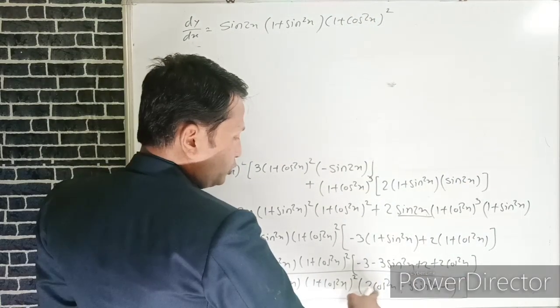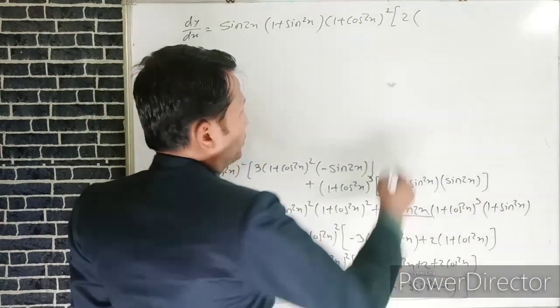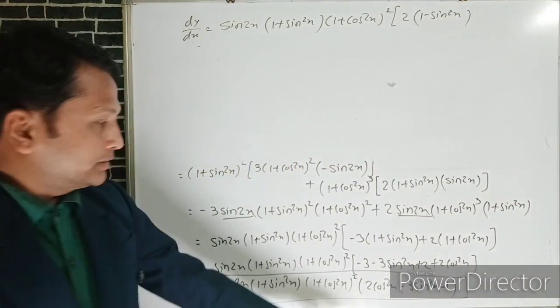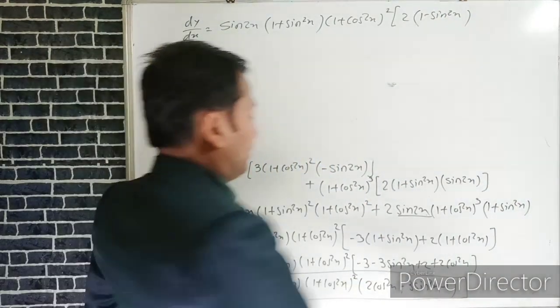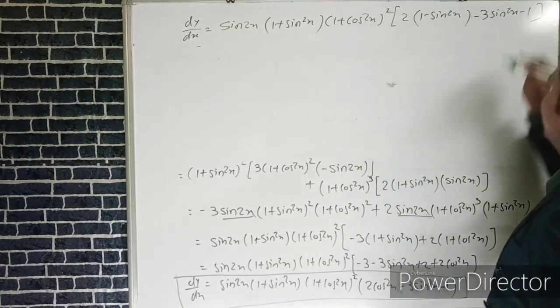We can write 2 cos square x, 2 into cos square x converted into 1 minus sin square x. The value of 1 minus sin square x is cos square x minus 3 sin square x minus 1.